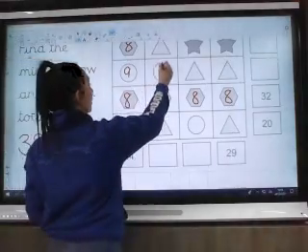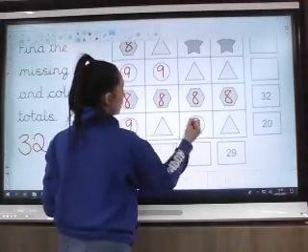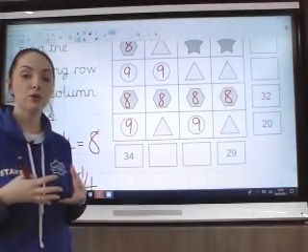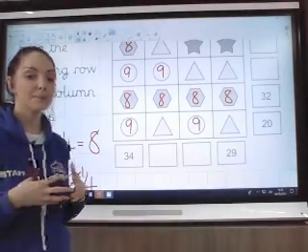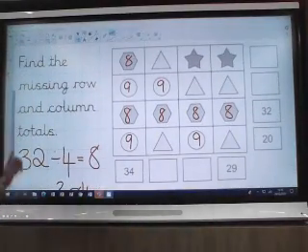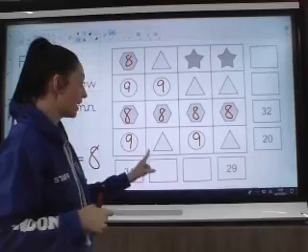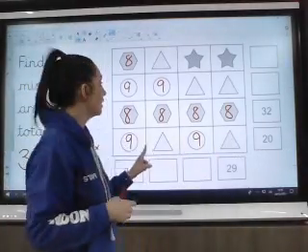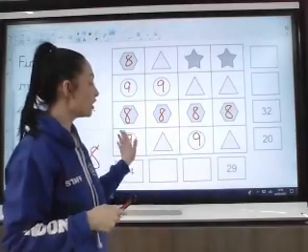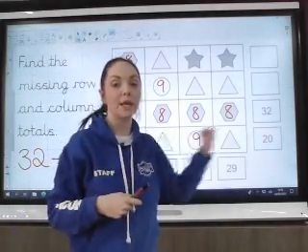So now we can go and put the other circles in, because we now know that the circles equal 9. Okay? Then you can do the exact same thing on this row. Okay? So you know that 9 add 9, so the circles add 2 triangles equals 20.